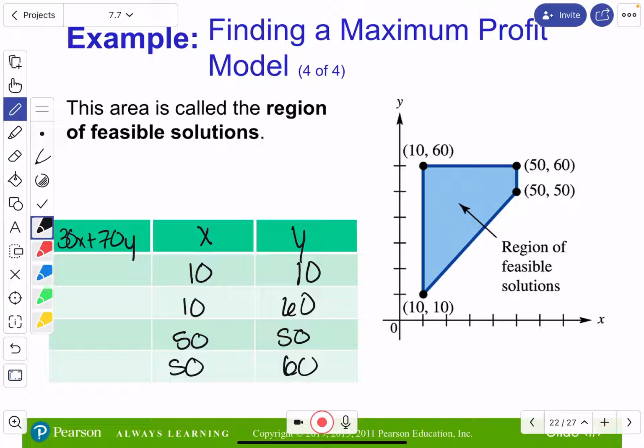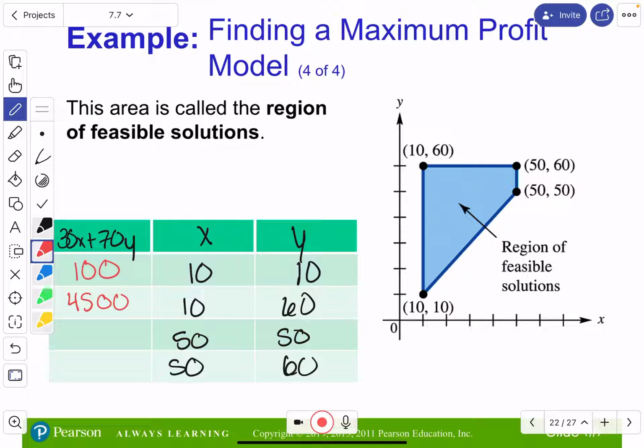So if we plug these into that profit equation, we would get, so 30 times 10 is 300, and 70 times 10 is 700, and if you add those together, you get 1,000. If we plug in 10 and 60, we get 4,500.